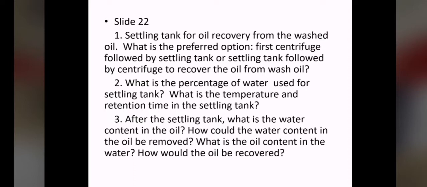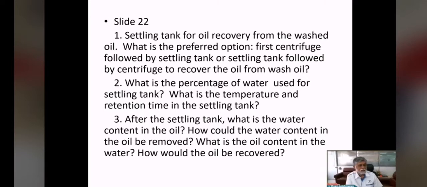Okay, for the first question, it is first centrifuge followed by settling tank. Whatever oil and water goes into the centrifuge, the separation takes place in the centrifuge. The water phase goes into the settling tank. That's the purpose of that settling tank. Then for the second question, there's no water added. It is phase separation of the substances that leave the centrifuge.